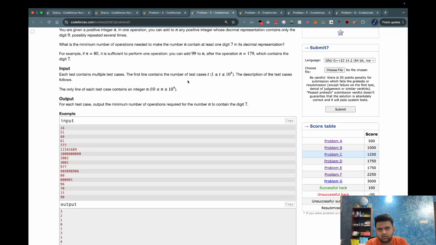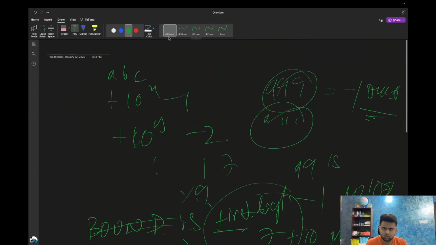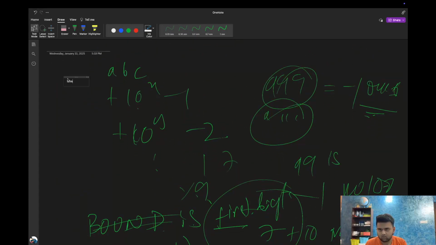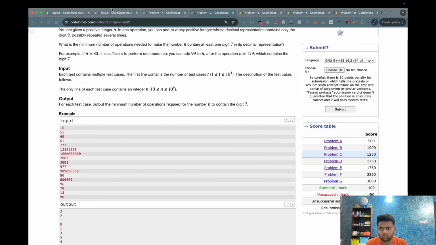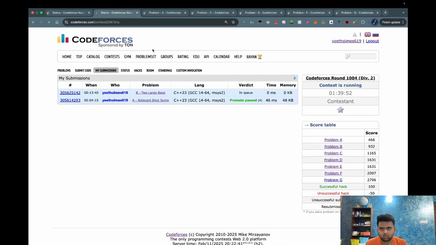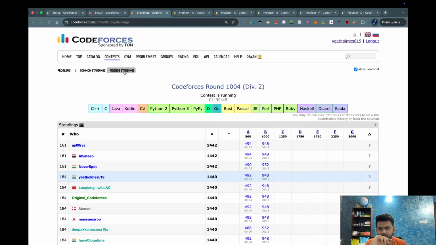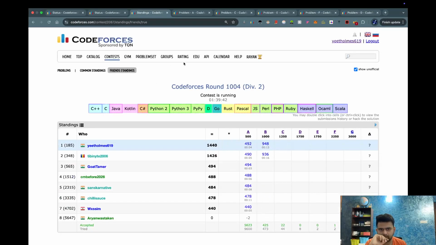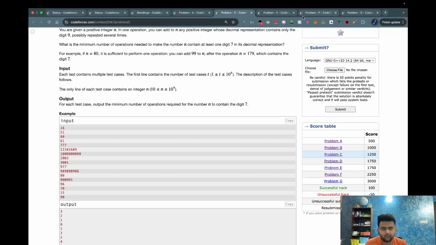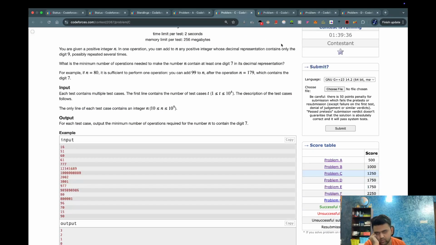So it takes at most 7 operations. So 3 takes at most 7 operations.